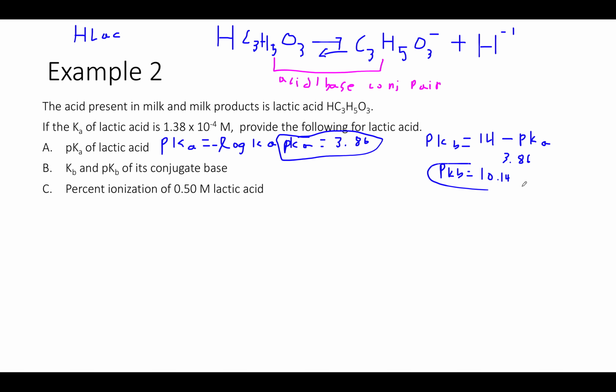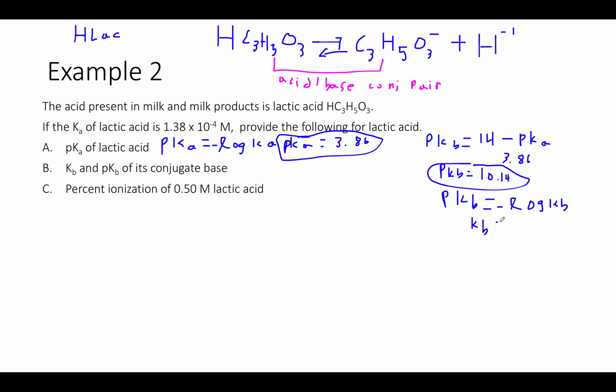Now at this point, I have an option. To find the Kb, I could use the Ka and the water dissociation constant Kw to solve for the Kb. Or I could use the fact that the pKb equals the negative log of the Kb. And since we know the pKb, we're solving for the Kb. So we would take the inverse negative log of the pKb.